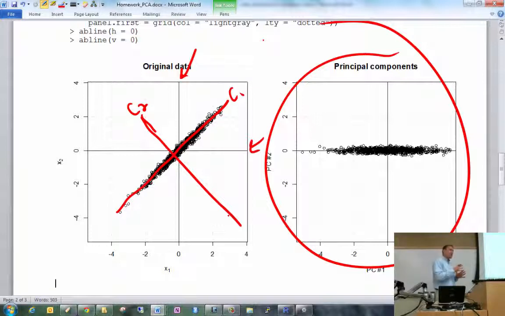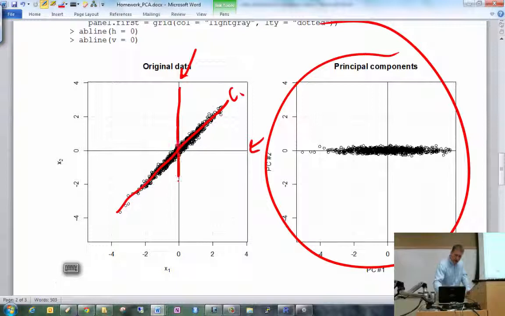Now, one of the reasons why I bring this up is that there are other ways to draw xy coordinate systems. So, not true in this case, but in the next section when we talk about something called factor analysis, you could do a new coordinate system where you don't have perpendicularness or orthogonalness. In some cases, that might be helpful, maybe. You'll see some problems with doing that when we talk about factor analysis later.